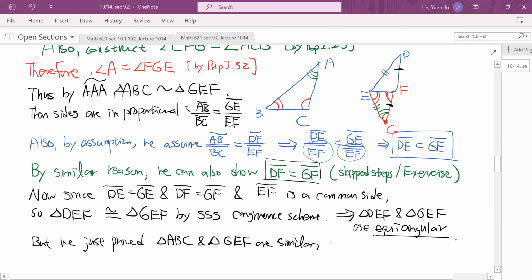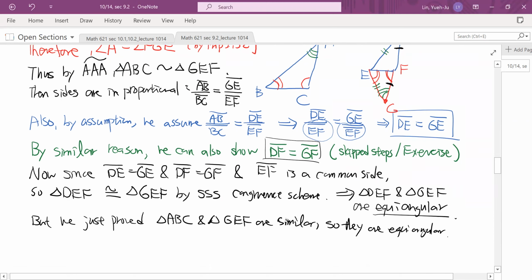And for similar triangles, they are equiangular as well. So then you can pass on the equality, right? So the angles would be equal.